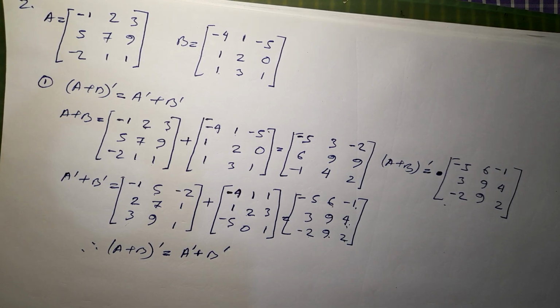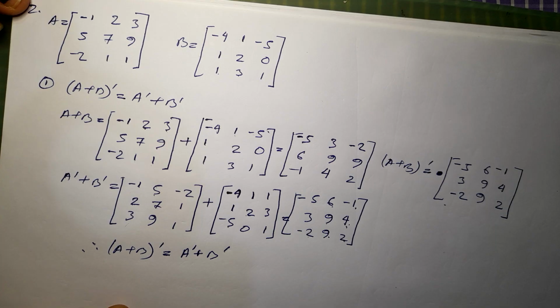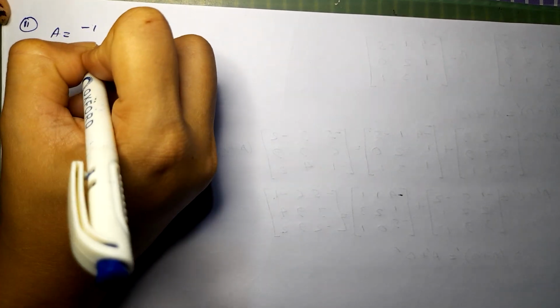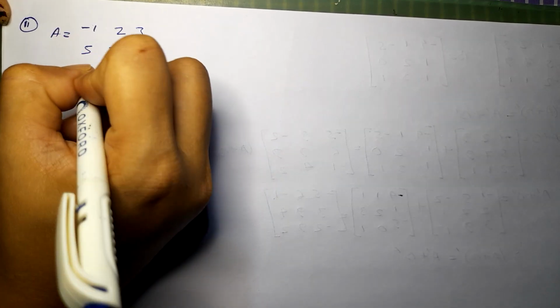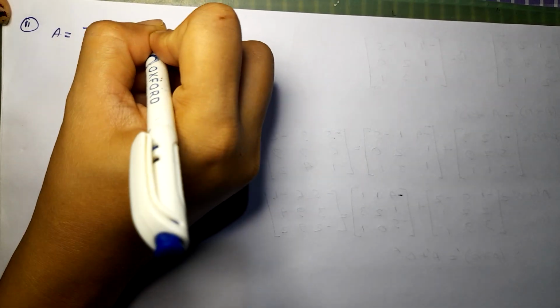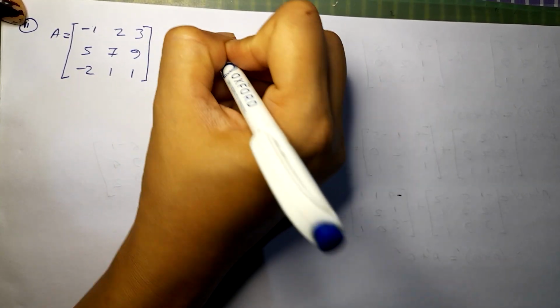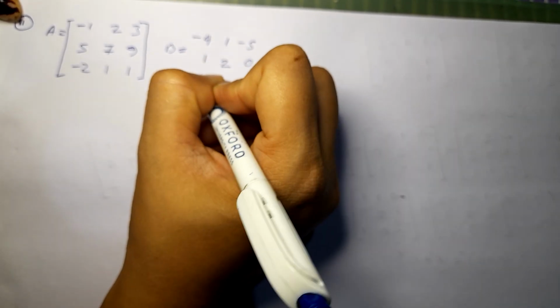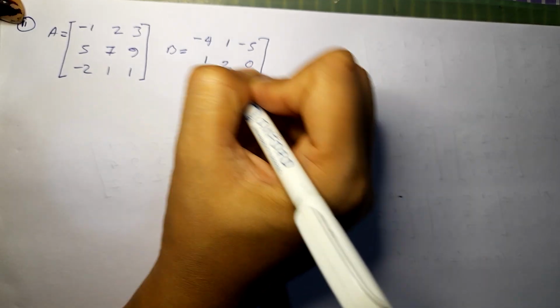Now Roman number 2. The matrices are the same. Here is the subtraction. Matrix A is [-1 2 3; 5 7 9; -2 1 1], and matrix B is [-4 1 -5; 1 2 0; 1 3 1].